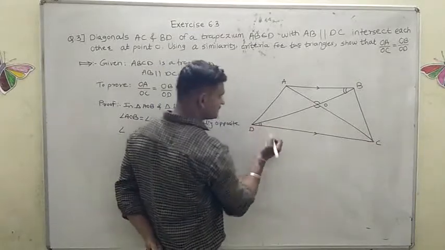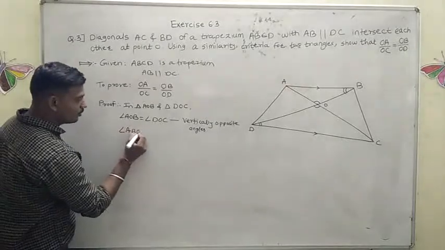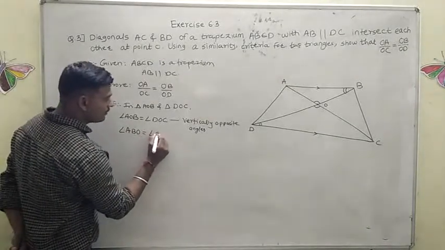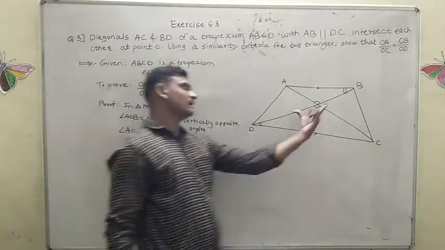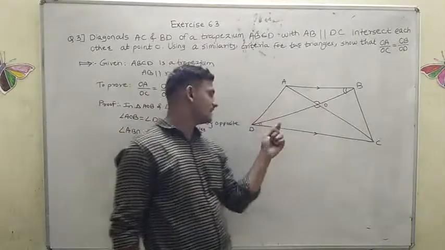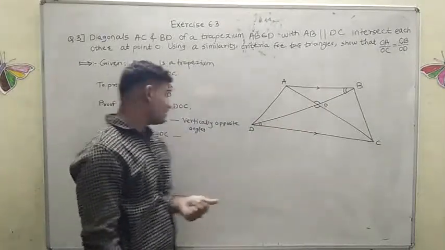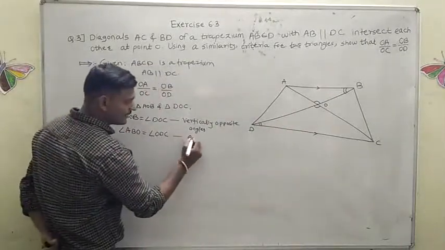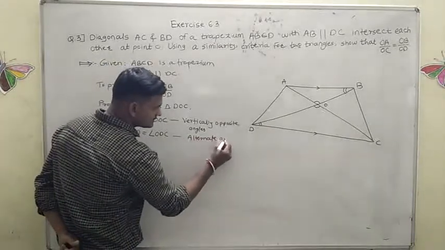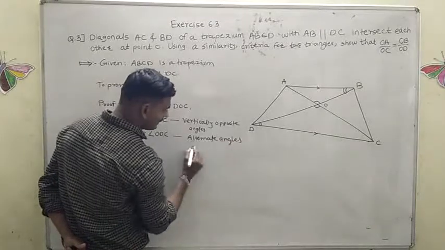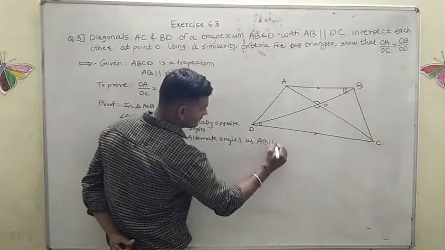Why are these two angles equal? That is, this angle and this angle. Because these are alternate angles, as AB is parallel to DC.